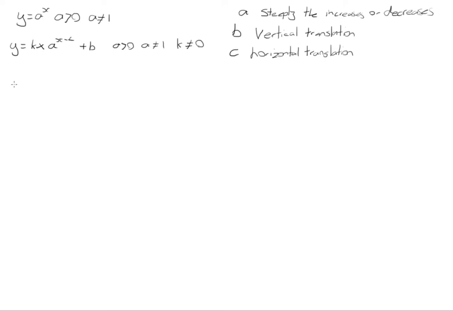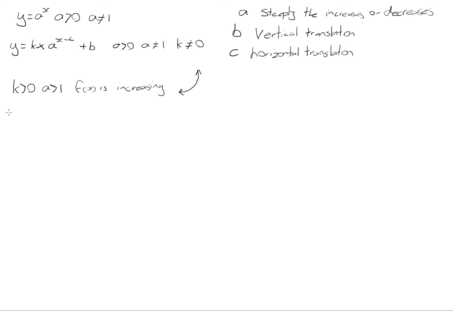So if we've got k being greater than 0 and a is greater than 1, the function, we'll just call it f of x, is increasing. So it's going to look something a bit like that.